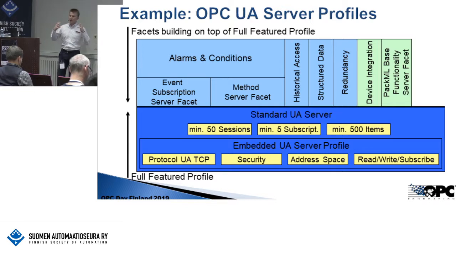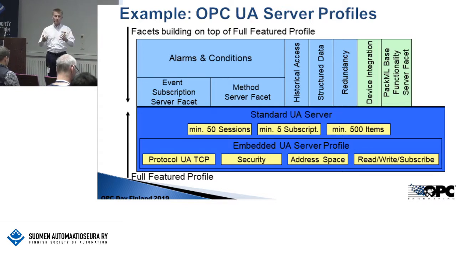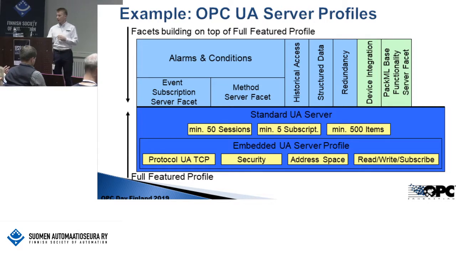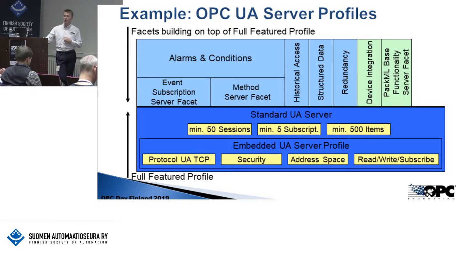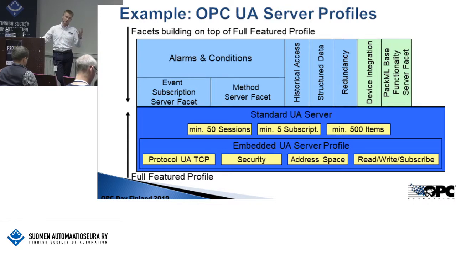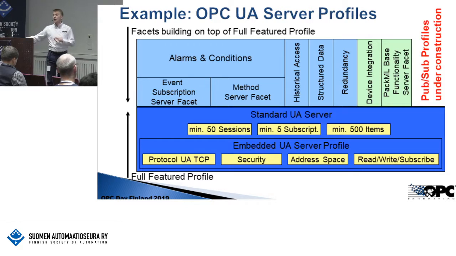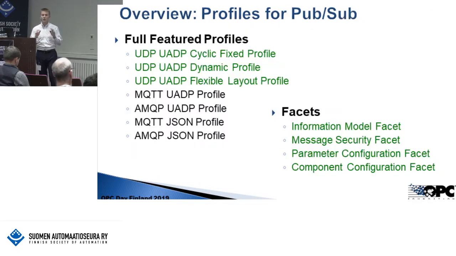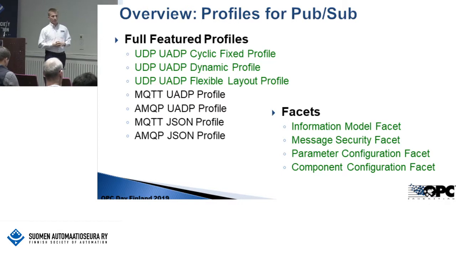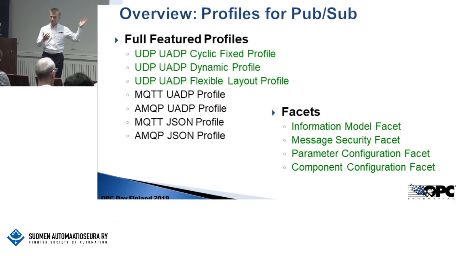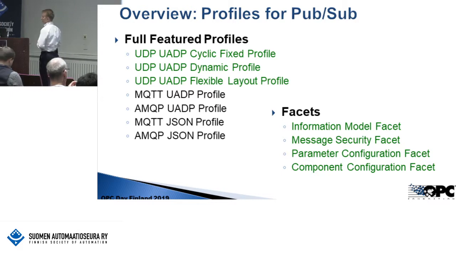They define profiles that tell a client that this companion specification has been integrated in this product. One example here would be the PackML base functionality server facet, but also robotics or machine vision. Of course, there are also PubSub profiles, which are to some extent still under construction, but also already some released ones. So everything in PubSub is just being described the same way.